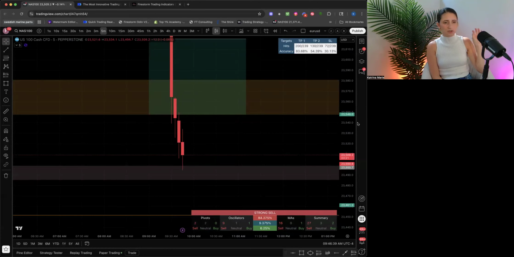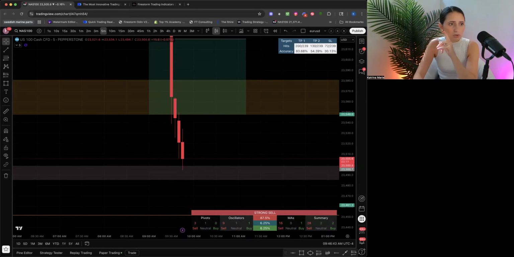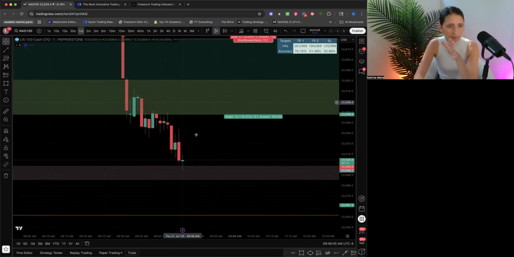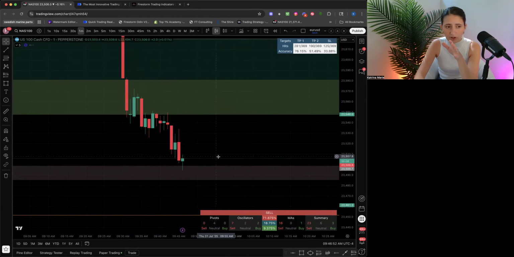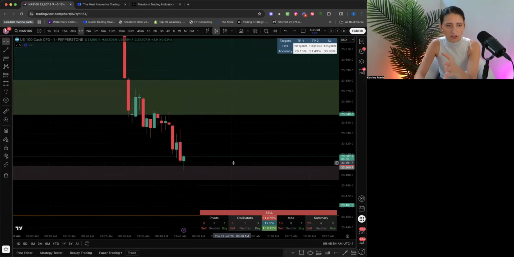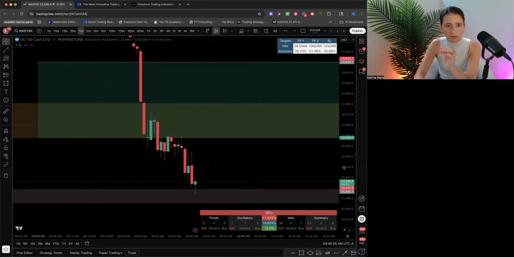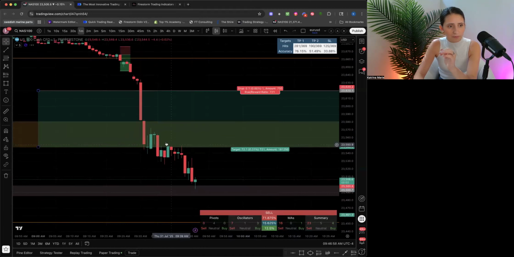Well, I always suggest looking for those pullbacks. So what you would do is you would go down to like a 1-minute chart. You would look for the next candle, wait for the pullback wick and the continuation. This has been weird here. I personally would not do that right now. But up here, when we have the first initial move of the morning, I took this candle right here.